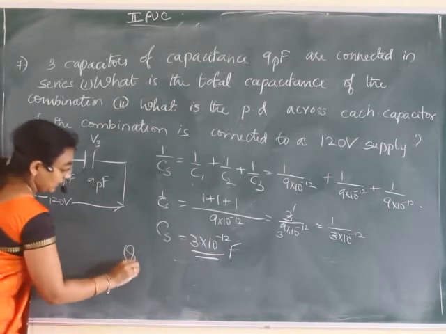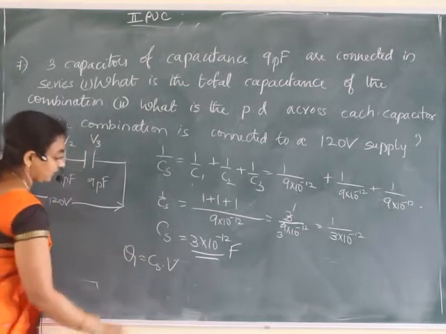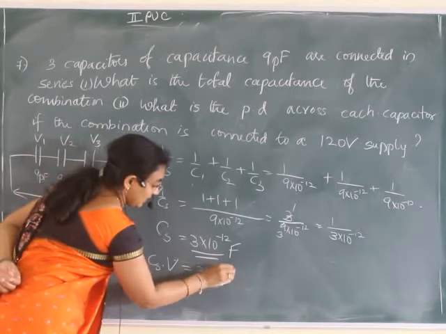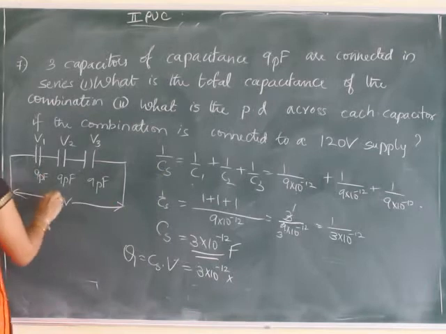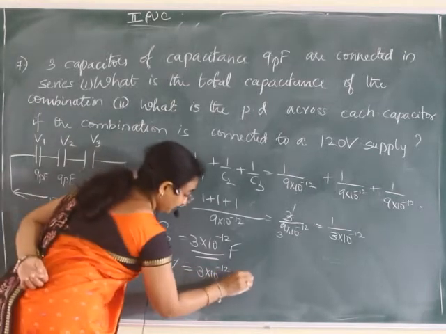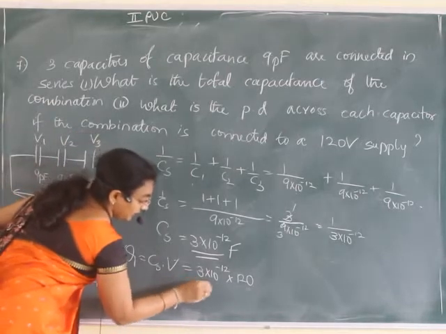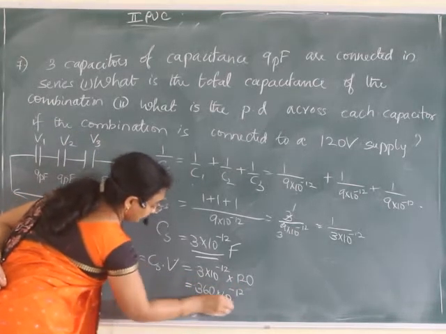Q is equal to Cs into V, that is equal to 3 into 10 to the power minus 12 into V. How much is the V? 120. So 360 into 10 to the power minus 12. Correct?